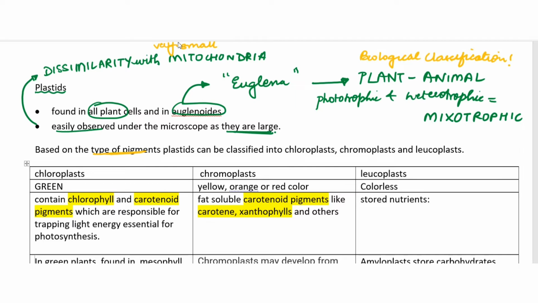So based on the pigments, plastids can be classified into three: chloroplast, chromoplast, leucoplast. Just by the name chloro, we find that the green pigment chlorophyll is associated with it, and with the name chromo, we know that they have colored pigments like yellow, orange, red associated, and leuco means colorless.